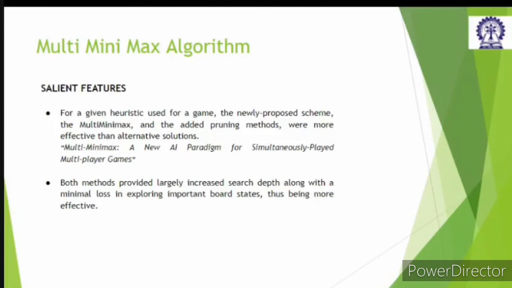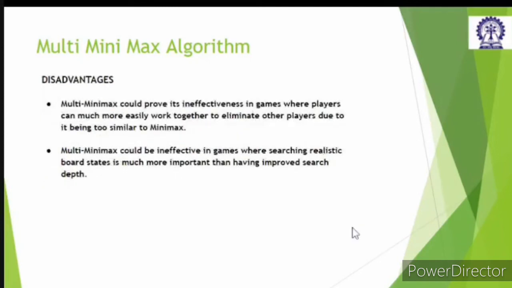Again, both methods provide largely increased search depth along with a minimal loss in exploring important board states, thus being more effective. Here both basically means multi-minimax and DFS search. There are a few disadvantages as well.